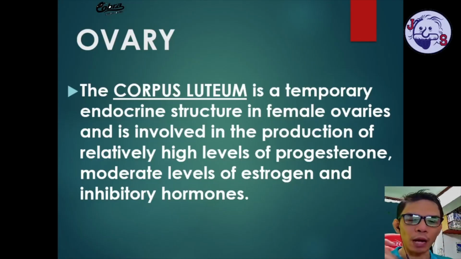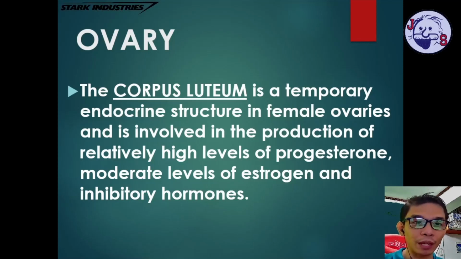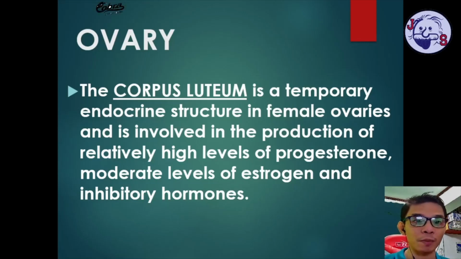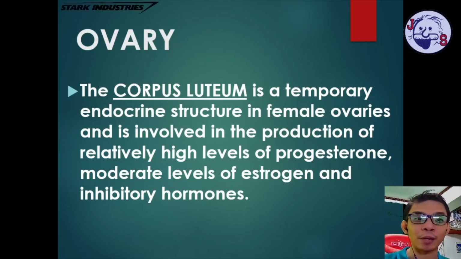All right, so about the thing that I've said earlier. There is a part in the ovary that comes out every month, and sometimes it stays there for 9 months depending on the situation. What makes it stay for 9 months? If the female is pregnant, this part, which is called the corpus luteum, will stay on the ovary for 9 months, and it will secrete the progesterone necessary for pregnancy.